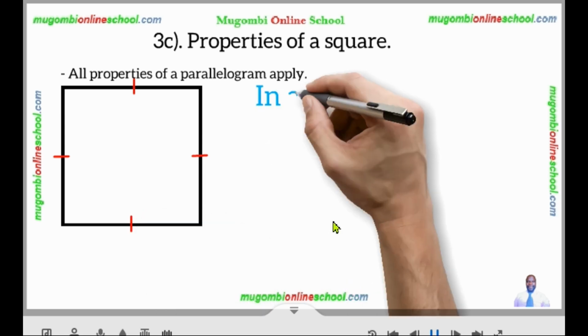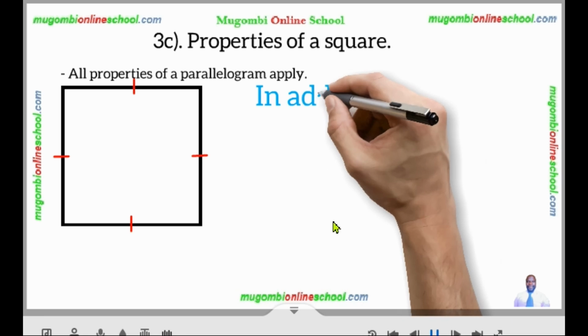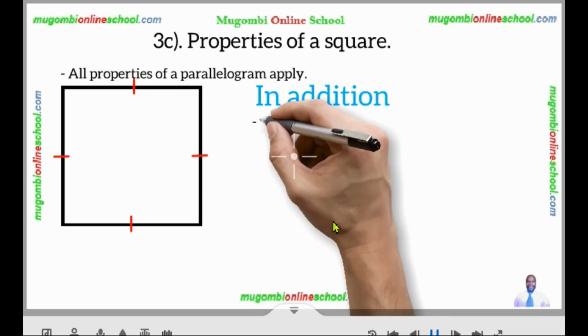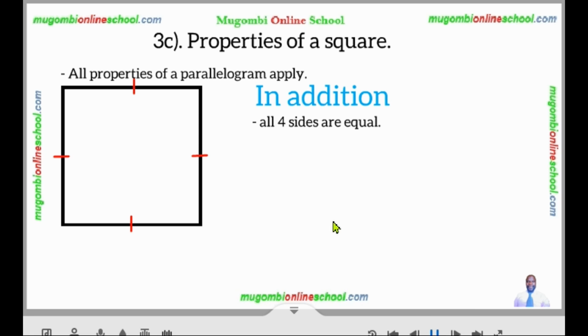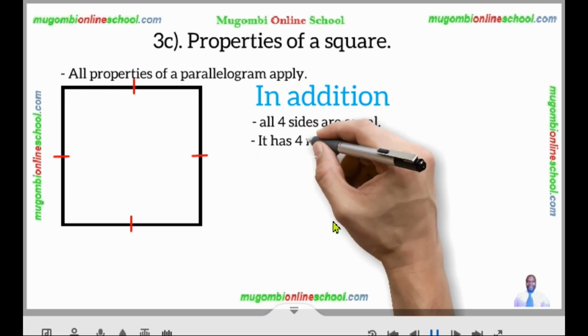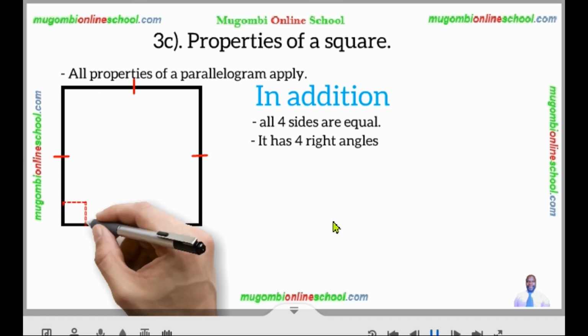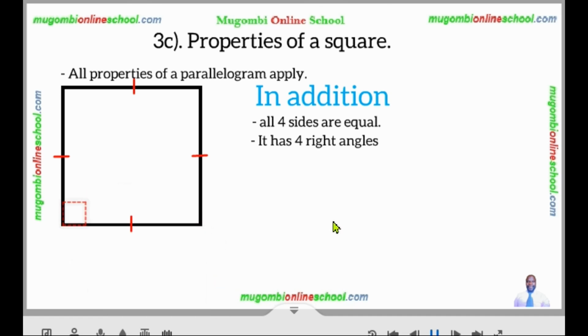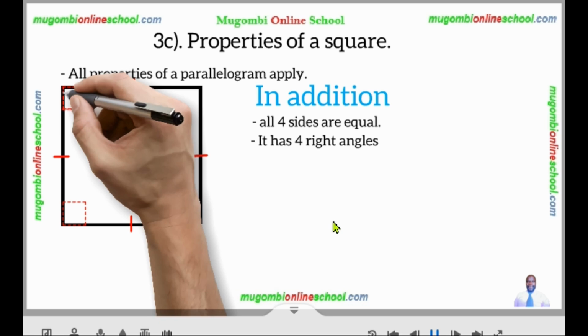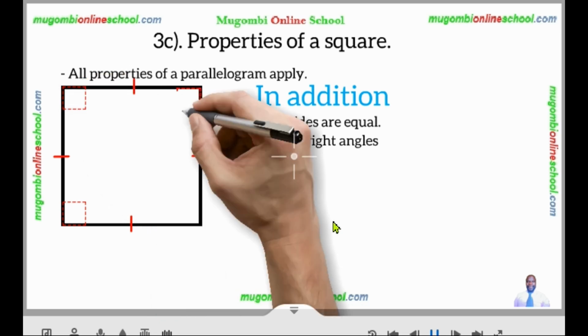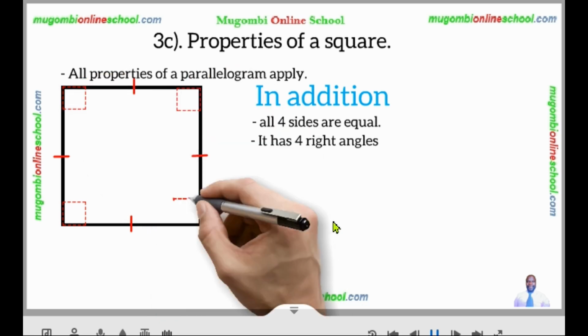So in addition to the properties of a general parallelogram, for a square, all sides are equal, and it has 4 right angles: right angle number 1, number 2, number 3, as well as number 4.